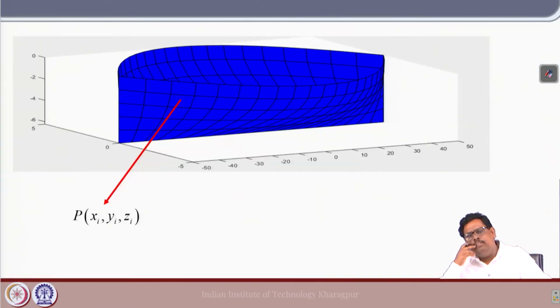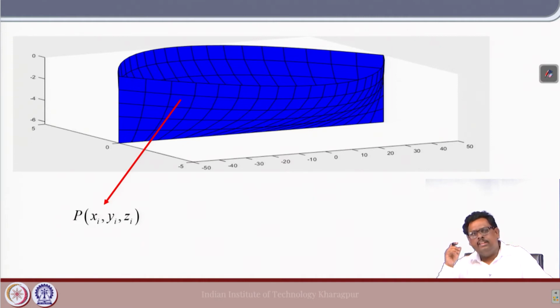Now, if you look at the ship model, it is a wiggly hull. You can see that the panel corner point P at x_i, y_i, z_i is a point on a surface.